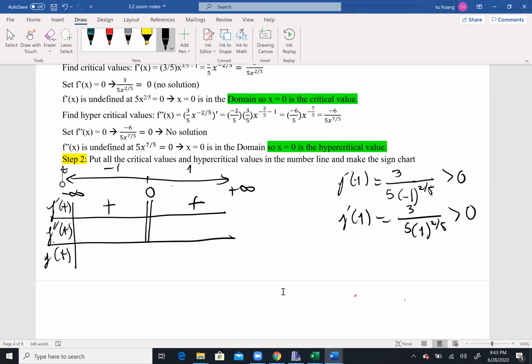So what about the second derivative? Okay, so I have the second derivative of 1, -1, I mean. What do I have? I have -6/5 times -1 to the power 7/5. For the 7/5, now I need to use my calculator.